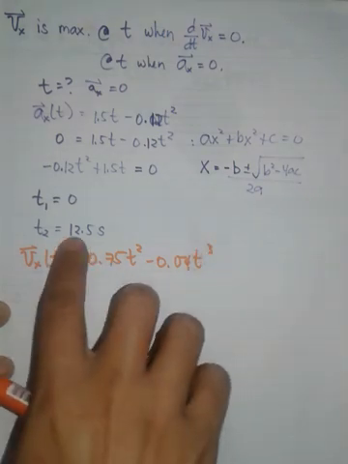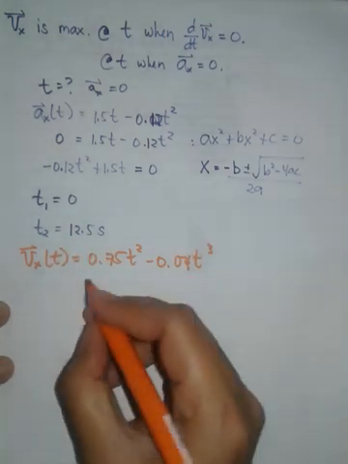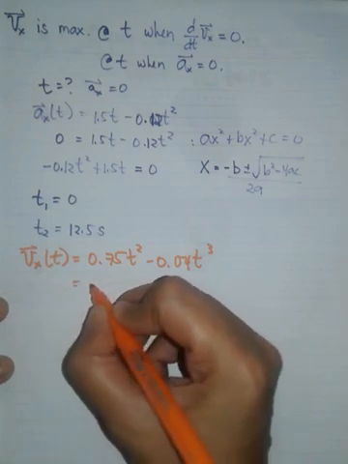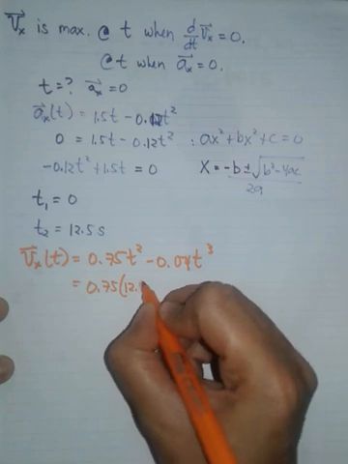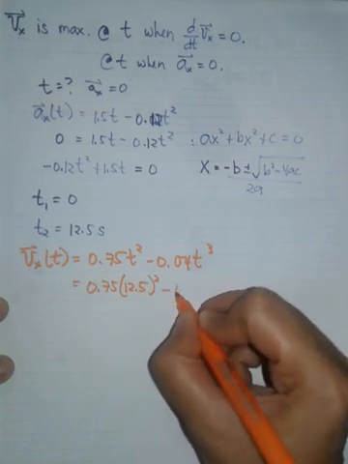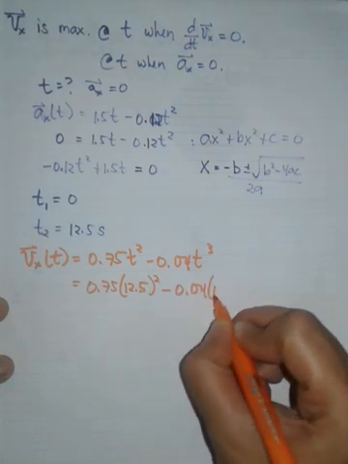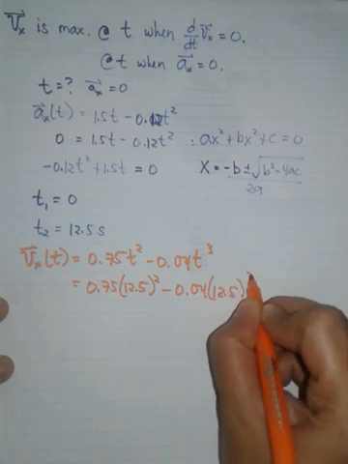And then, we will plug in the 12.5 here, second, so that this is now 0.75 times 12.5 squared minus 0.04 times 12.5 cubed.